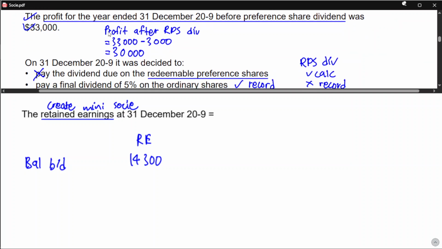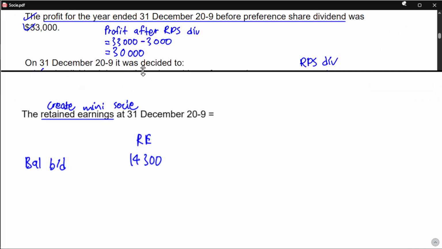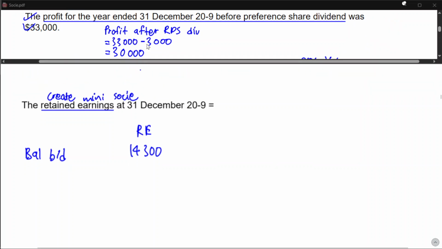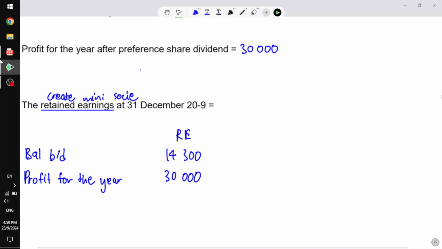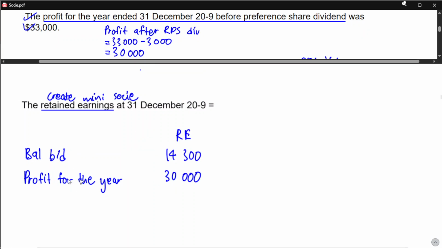So this one is the profit after the RPS dividend. So this is actually the profit for the year, which will increase by 30k. So profit for the year recorded already.